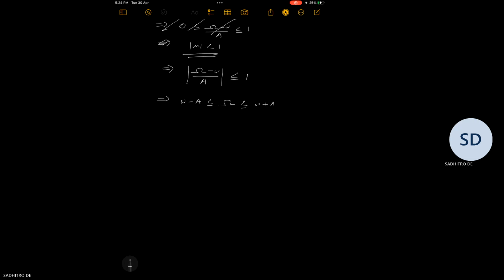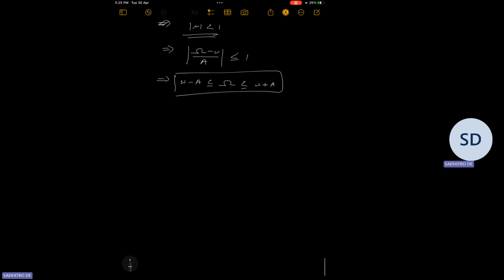So this is the condition: if capital omega satisfies this condition, only then will we have synchronization between the firefly and the external frequency.